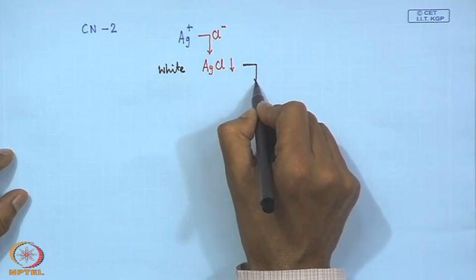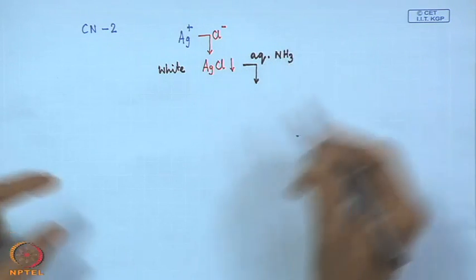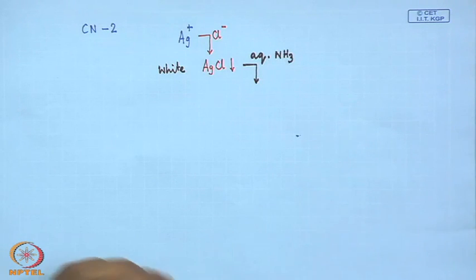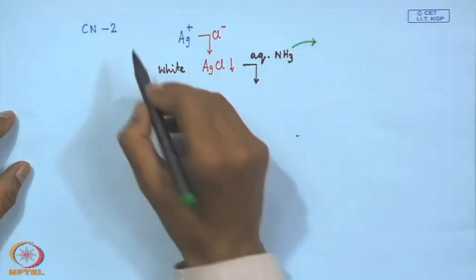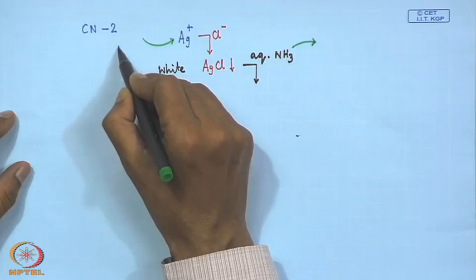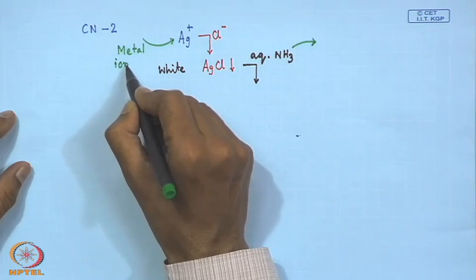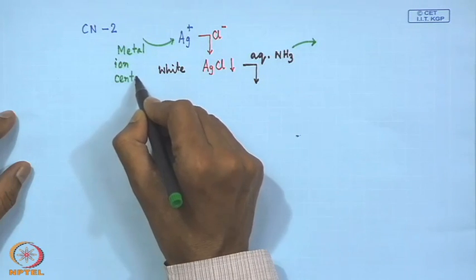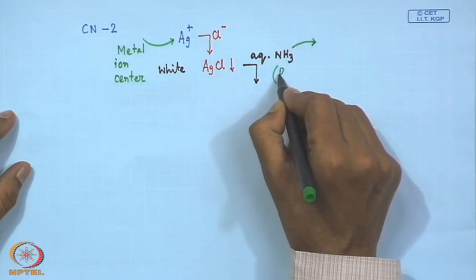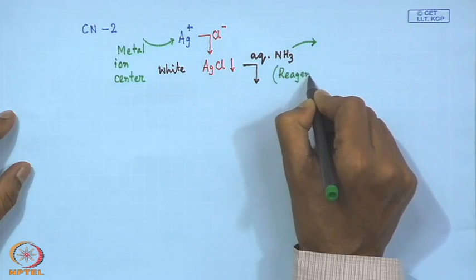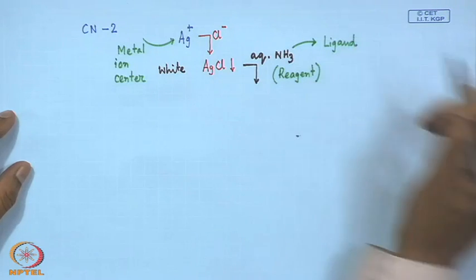So, what we do, we simply add aqueous ammonia solution, and when we add it, we should at the same time consider that we are looking at something where the silver ion is the metal ion center, and what we are adding as reagent, aqueous ammonia, can be a good ligand.